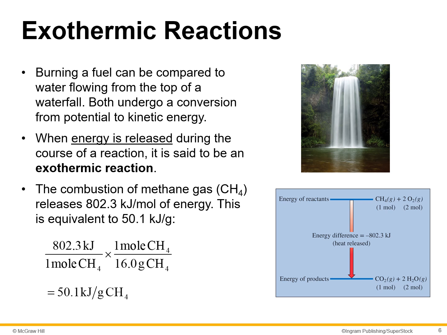In that reaction of CH4 plus O2 gives us CO2 plus H2O, it's not balanced, but this releases 802.3 kilojoules per mole of energy. We have the energy of the reactants at a certain level, this would be energy on the y-axis, and it releases energy to the surroundings, so the energy of the products will be less for an exothermic reaction.